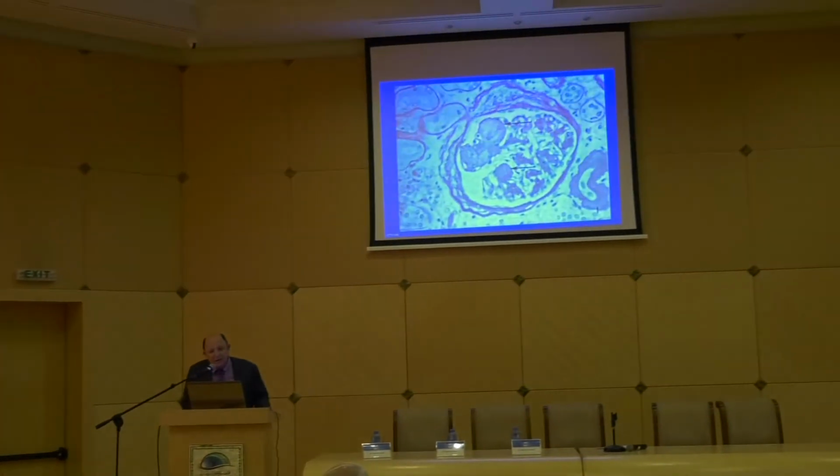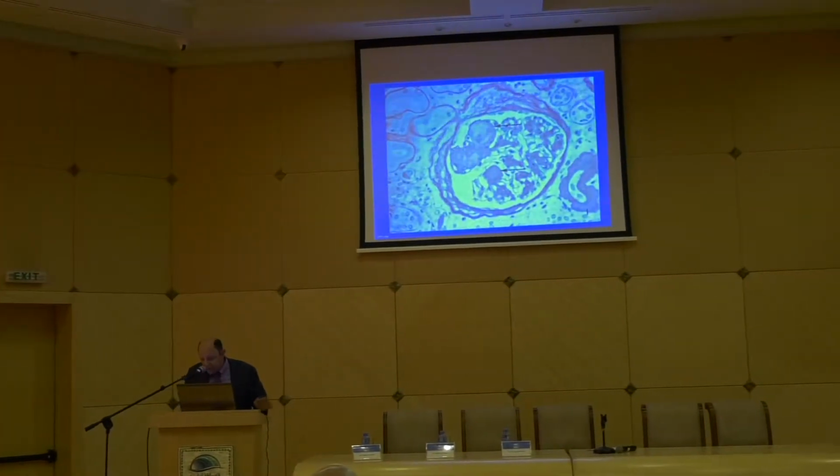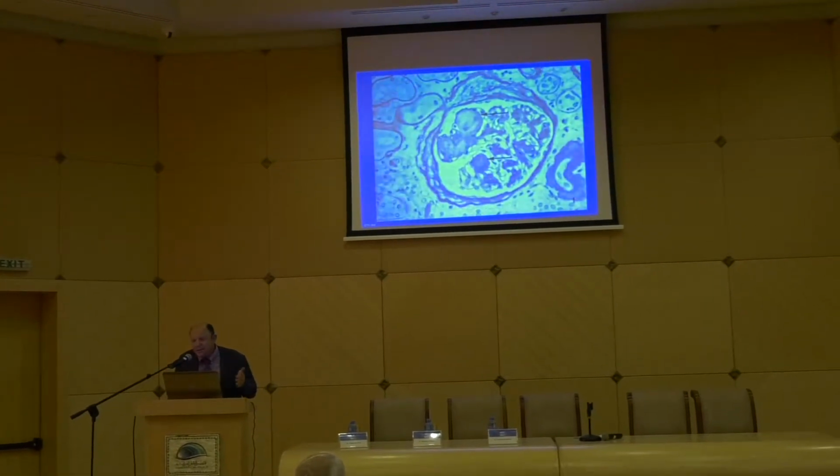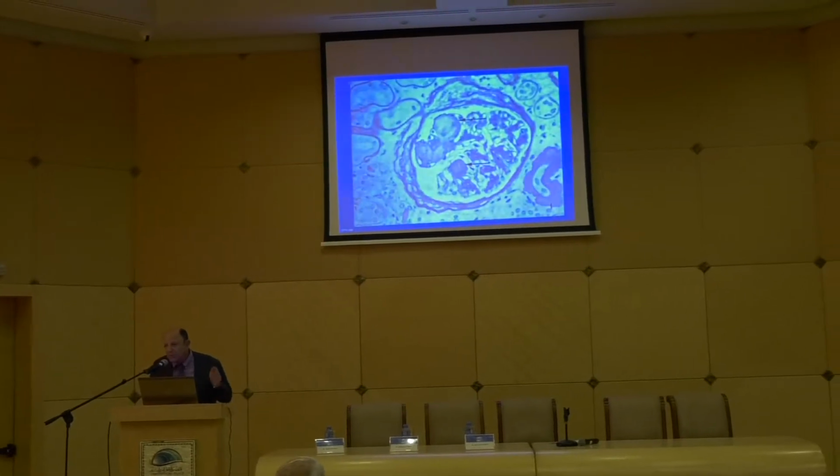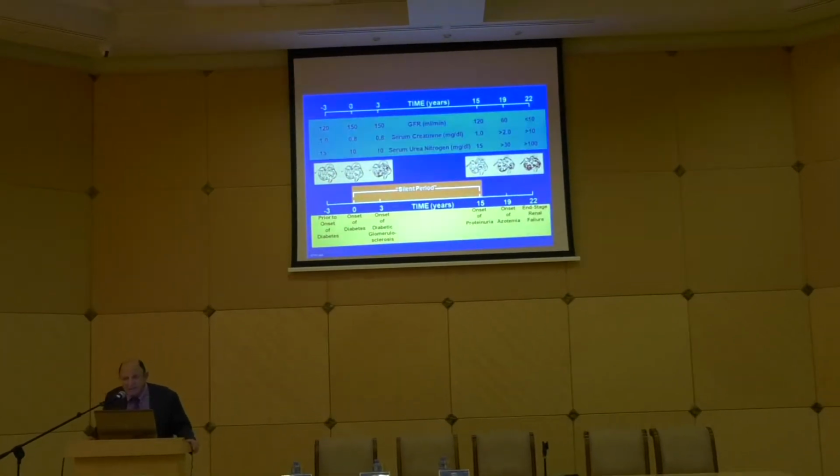We also know that the small arterioles are involved in the kidney, and this plays a major role in development of hypertension. There's also tubular basement membrane thickening, and I'm not going to get into the acid-base disturbances, but you very commonly get problems with hydrogen ion excretion and potassium excretion, although when we're taking care of the patients, we tend to focus on the proteinuria and the renal disease.